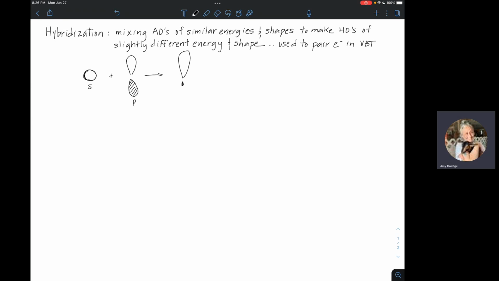So this hybrid is pretty useful in explaining bonding and molecular geometry. The larger lobe gives us better orbital overlap. So let me write that down.